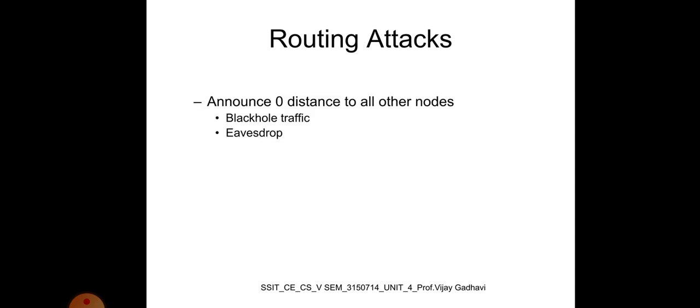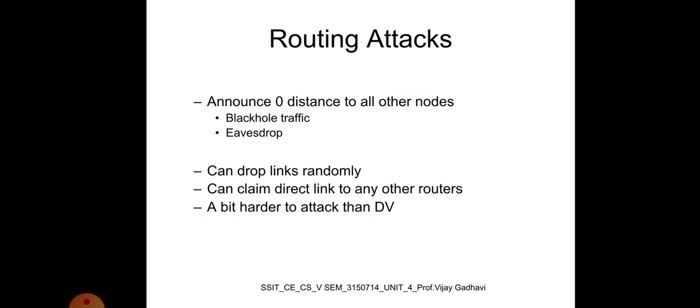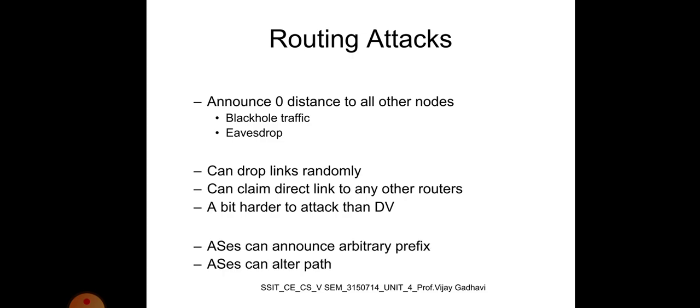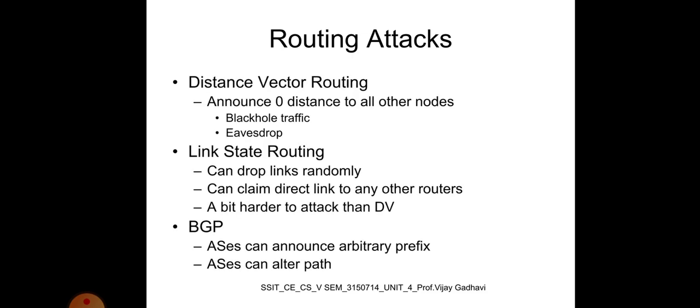Then we look at routing attacks. They announce zero distance to all other nodes, like backhaul traffic and f-stop. It can drop links randomly, it's not in sequence, can claim a direct link to any other routers, a bit harder to attack than DV. An AS can announce an arbitrary prefix and can alter a path.